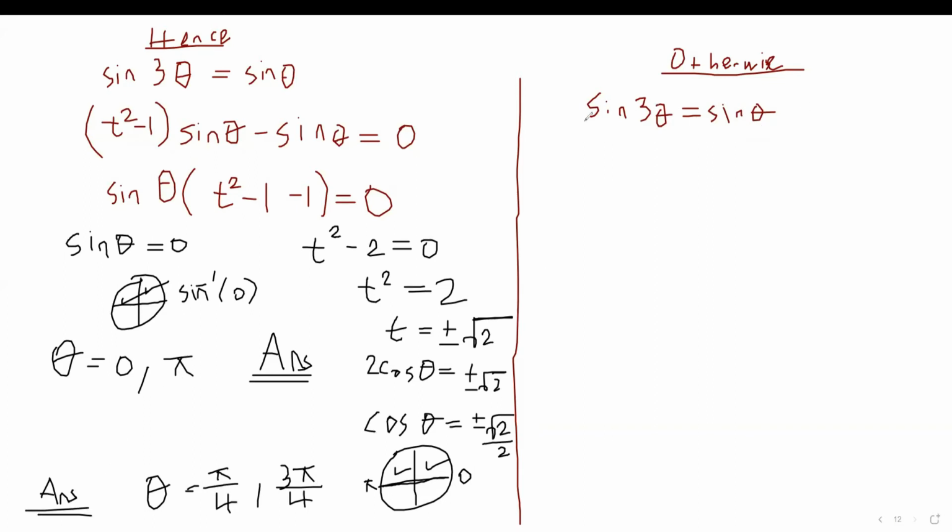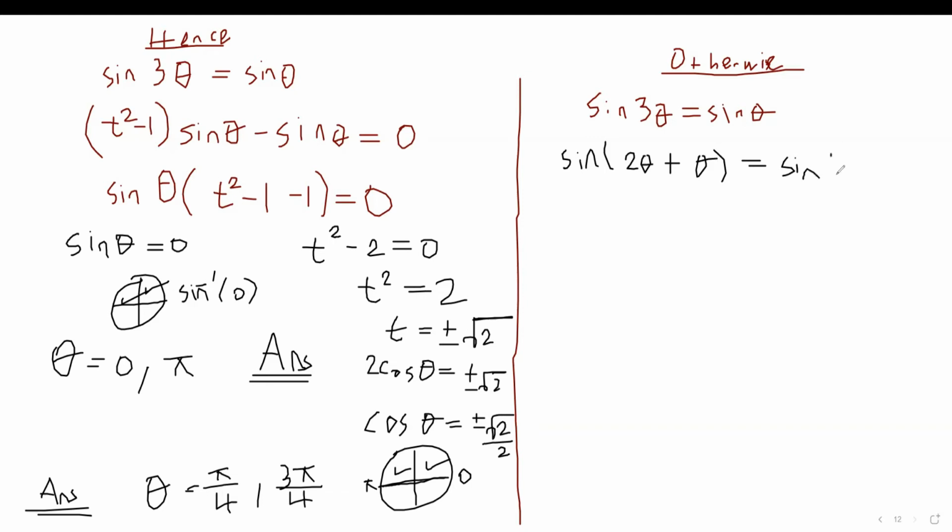Let's look at it the other way quickly. Now the other way, sine 3 theta is equal to sine theta. You can break it out by saying sine 3 theta is sine of 2 theta plus theta equals sine theta.